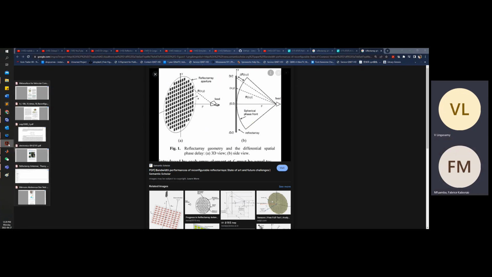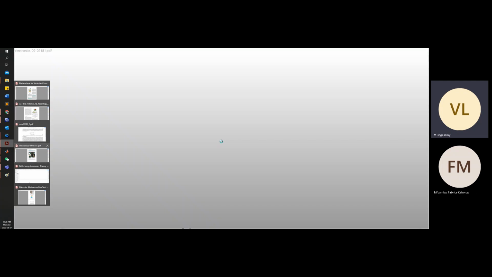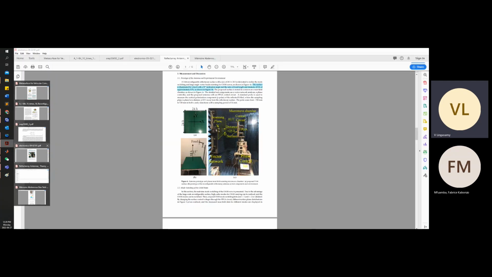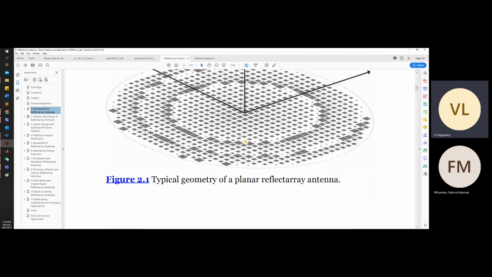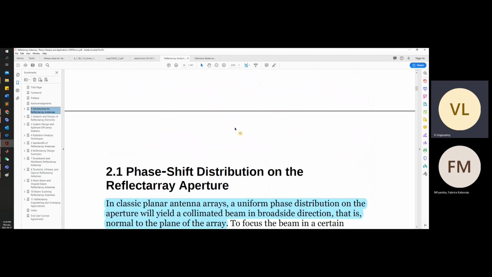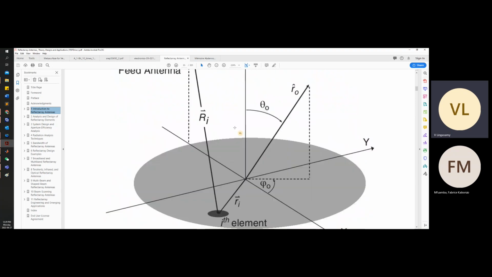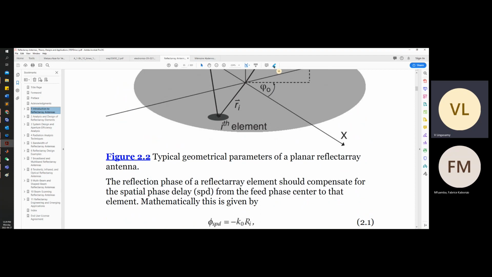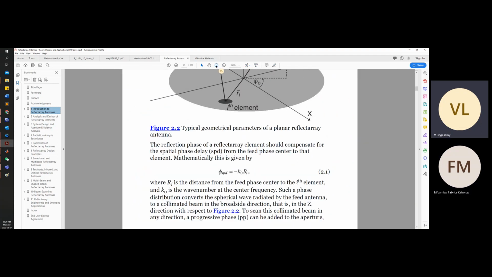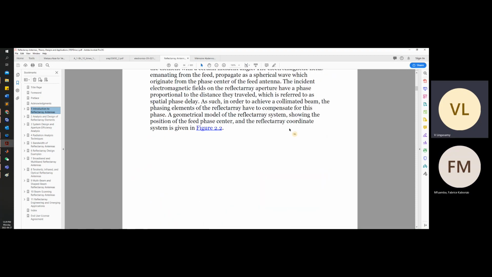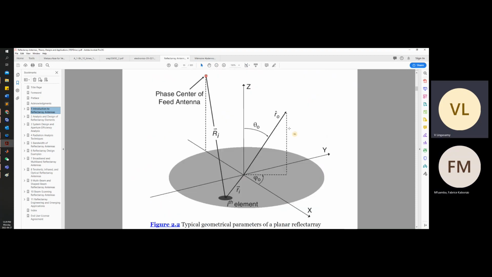So here, for the planar surface itself, I am going to achieve that. So how am I going to achieve it? I need to find out the phase to be compensated at each point, basically. It's a kind of tricky thing. The difference between this and the parabolic reflector is that here we are compensating the phase in a discretized manner, whereas in the parabolic reflector we are compensating in a continuous manner.